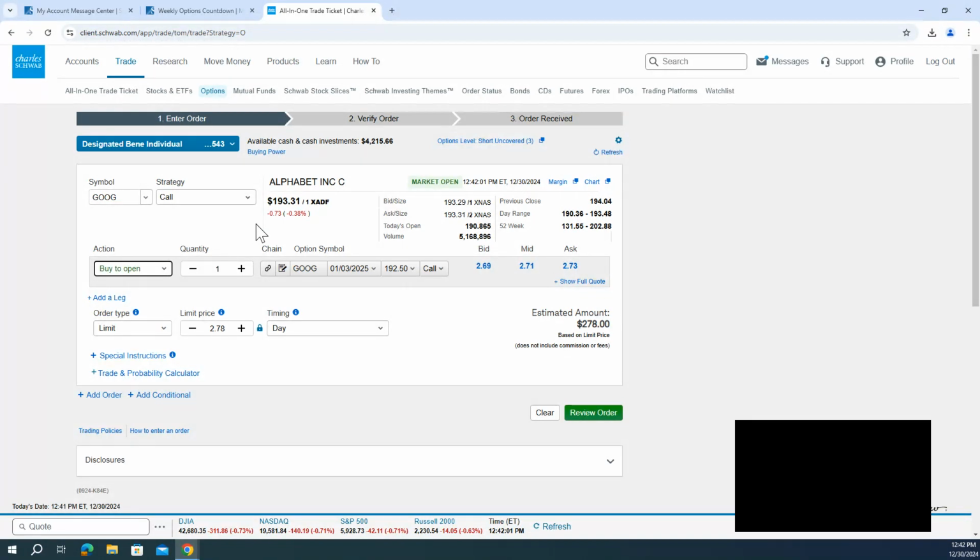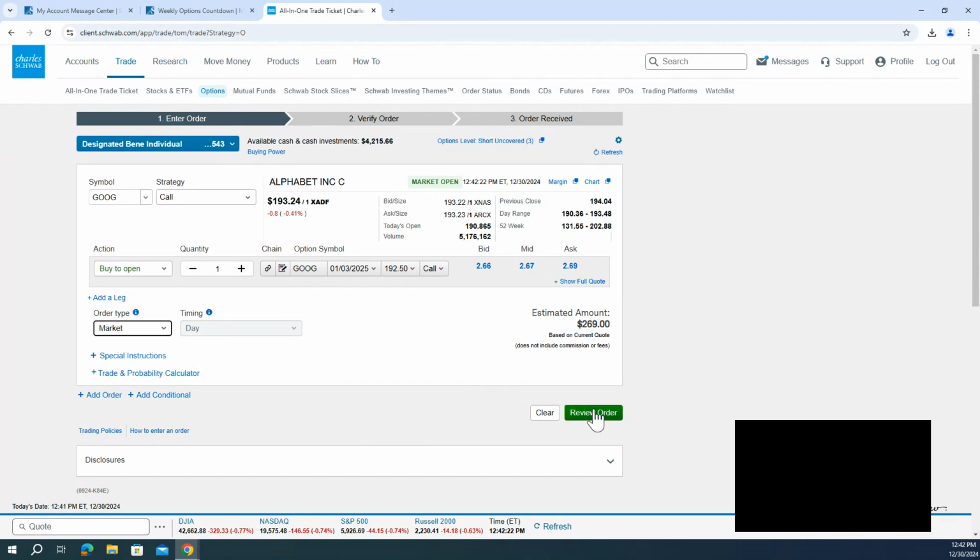So that's considered a valid trade. So here they recommend in this program a market order. This means that you are placing the trade and you're willing to pay whatever the market price is, which is typically going to be the ask price of $270 per contract.